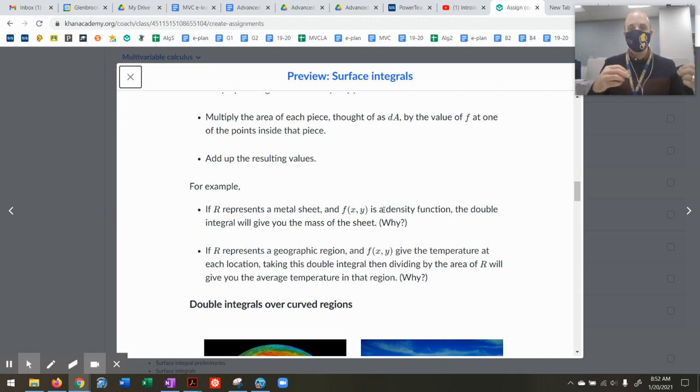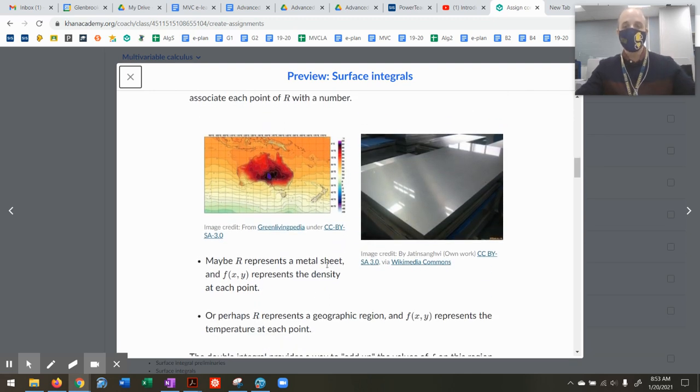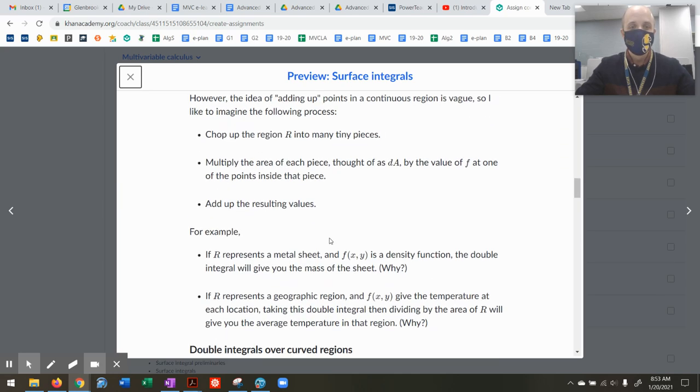So density is mass per cubic centimeter, and we're multiplying by cubic centimeters, and we just get mass when we add all that up. Or if R represents a geographic region and f of x, y gives the temperature at each location, taking the double integral and dividing by the area will give you average temperature. That goes back to these examples up here, which are kind of cool other applications of double integrals that we haven't really used yet. We focused a lot on volume.